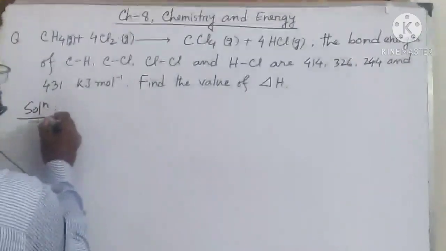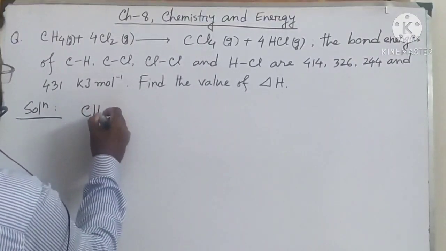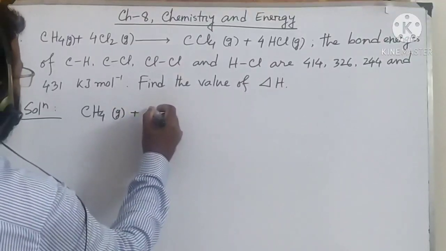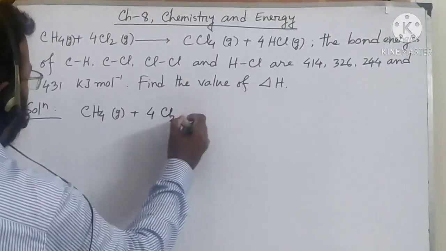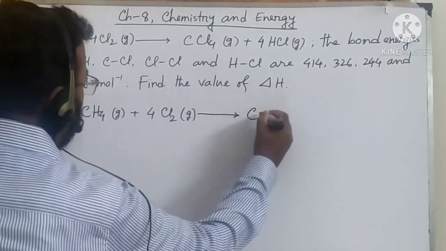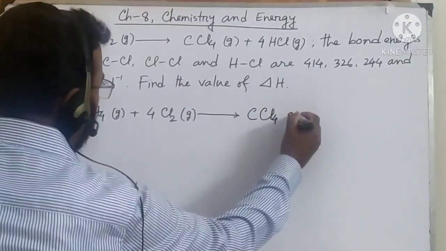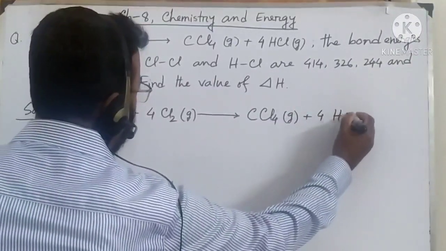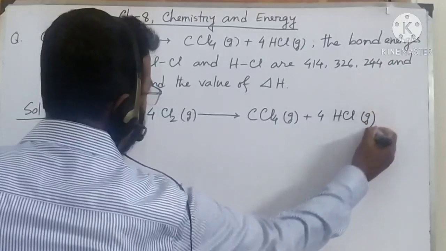Solution. The reaction is given: methane plus chlorine, then to produce carbon tetrachloride, it is gas, then 4 hydrochloric acid, it is also gas.